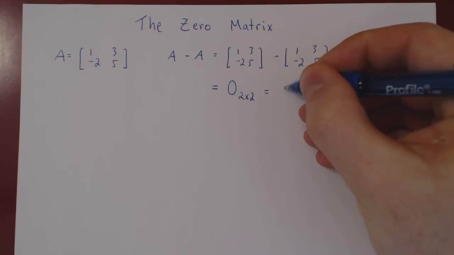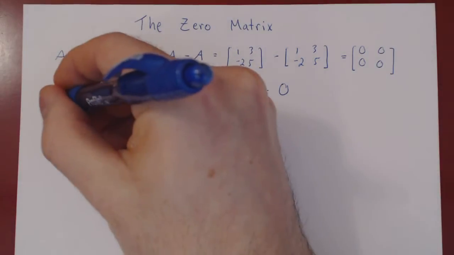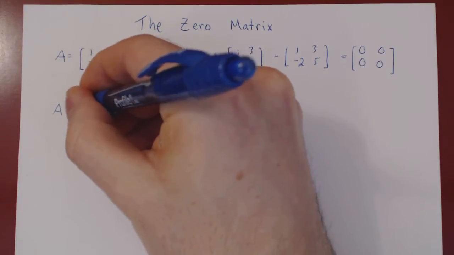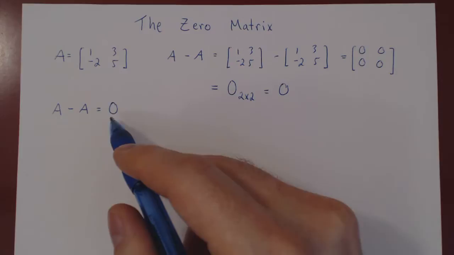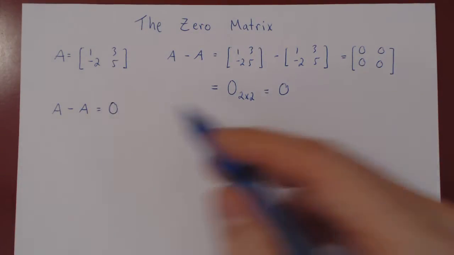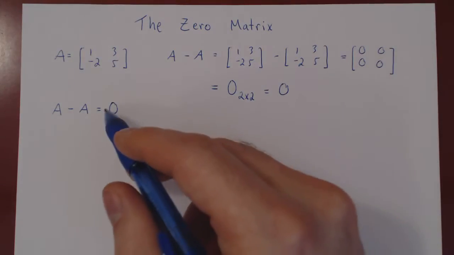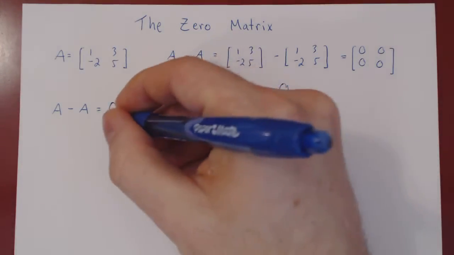So we can simply write 0. So if you ever have matrix A minus itself, you can simply write this as equal to 0. We understand here that this is a matrix where every single entry is equal to 0, and the size of this matrix is the same as the size of A.